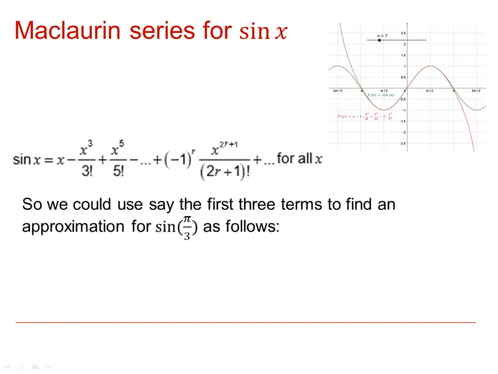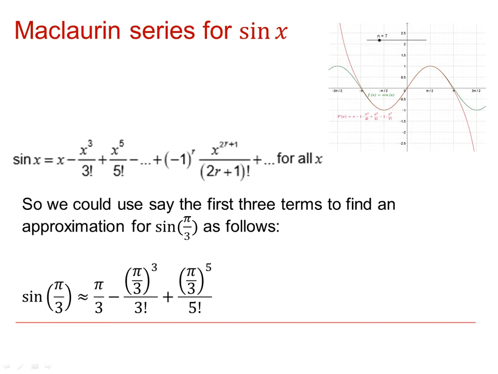Now, for example, we could use that to give an approximation for sine pi by 3, simply by substituting the value pi by 3 into the expression. If you put that into your calculator, you will find that it gives you a value of 0.866 295 2838.